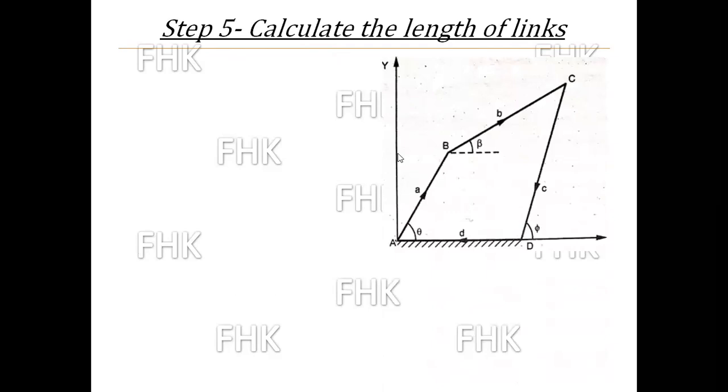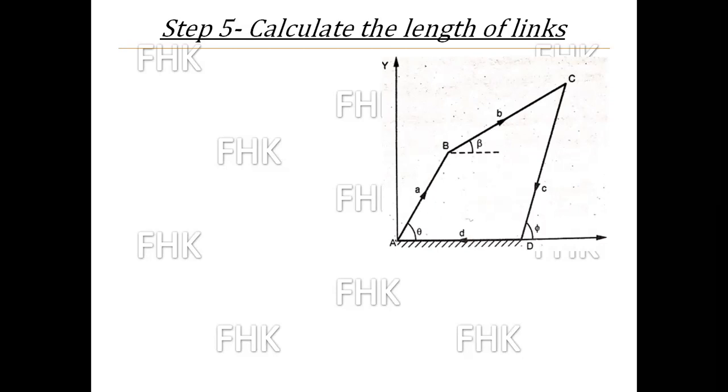As you know, we learned the derivation of the Freudenstein equation, in which AD is the fixed link denoted by small d, AB is the input link or driving link, denoted by small a. Small a and small d are the lengths of the linkages. Small b is the length of the intermediate or coupler link BC, and small c is the output or driven link.